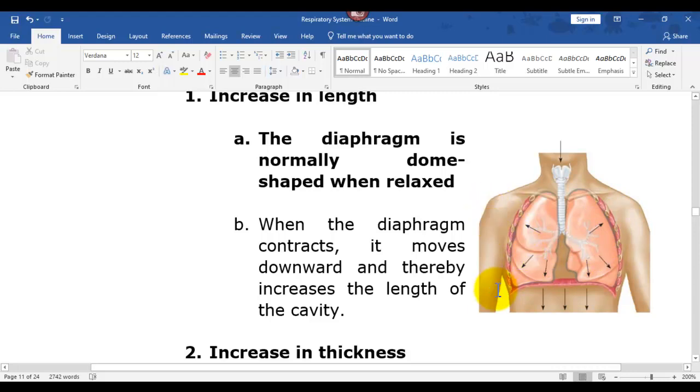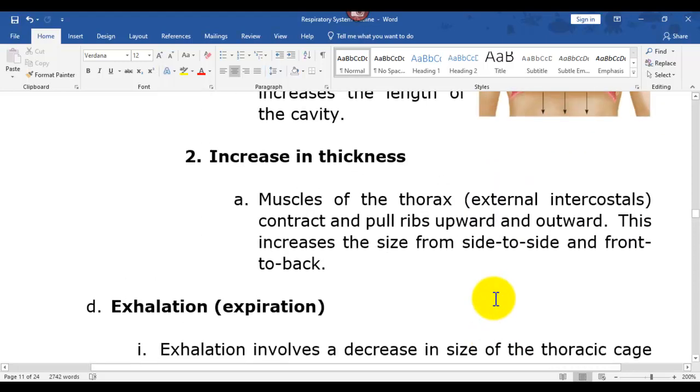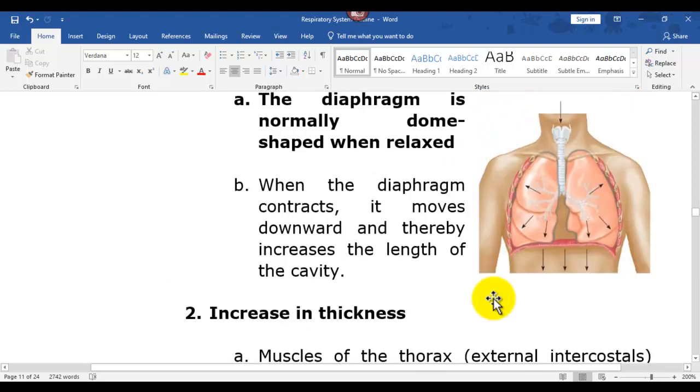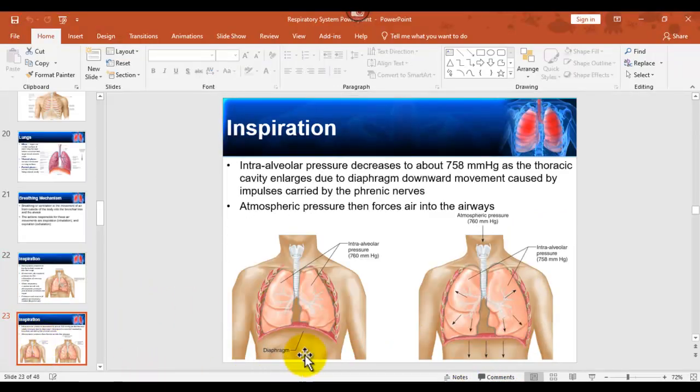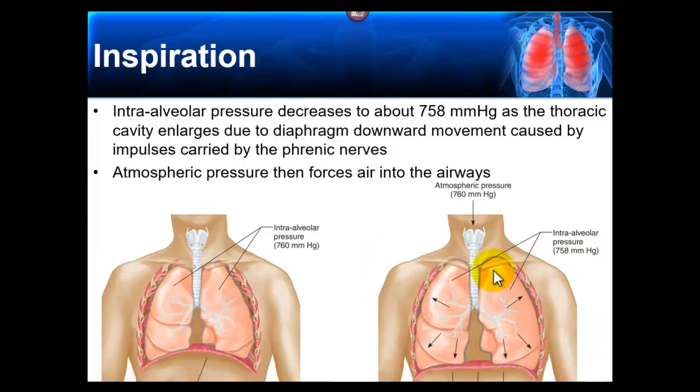That also increases the size of the thorax, or thoracic cavity. By doing so, it's going to drop the pressure inside just slightly, and therefore air is going to move into the lungs because we have an atmosphere. Atmospheric pressure forces it down to the lungs.